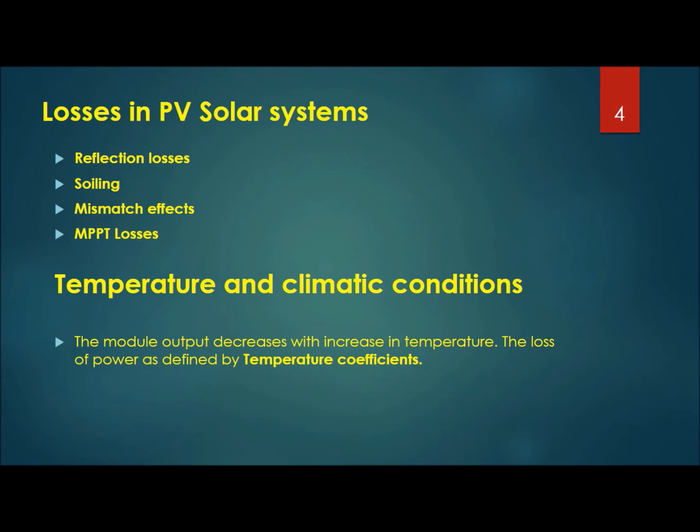Next one is MPPT losses, that is maximum power point tracking losses. The power output of a solar photovoltaic module changes with the direction of the sun, changes in solar insolation level, and varying temperatures. The photovoltaic panel has a PV curve, that is power versus voltage curve of the module.